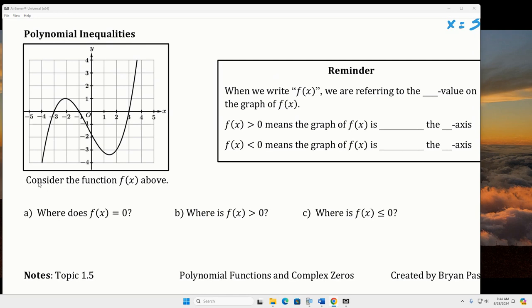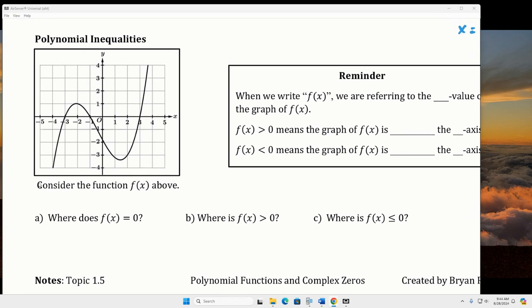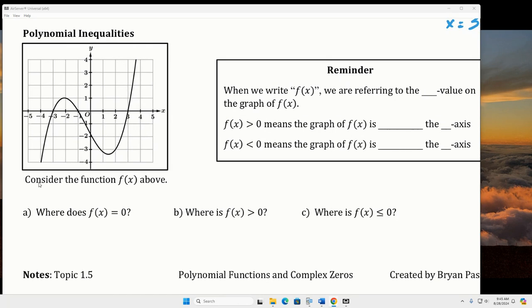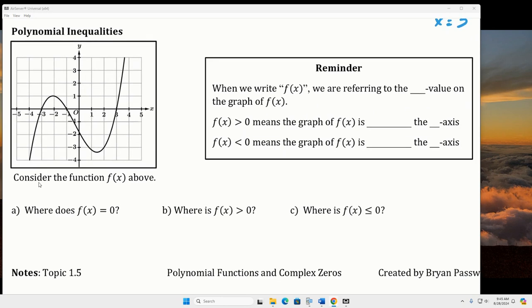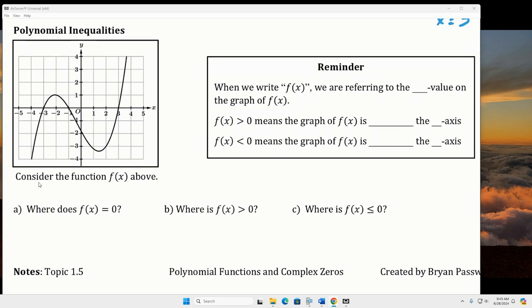All right, so on the back we have this graph of a polynomial. Just a reminder, anytime you write f of x, what are you referring to? The graph? What part of the graph? The y. Good.